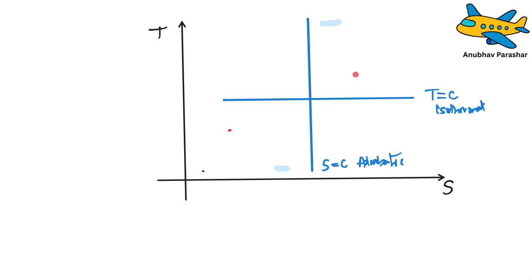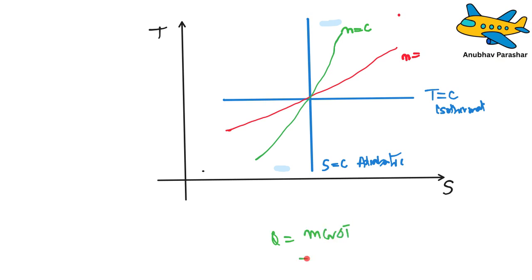There are two more processes to be shown, and the polytropic process will be any other process except for these two. So can you tell me what will be this process? n is equal to what? For this process, you can always think of it this way. Heat transfer can be said to be mcv delta T, or mcp delta T, for constant volume and constant pressure processes.